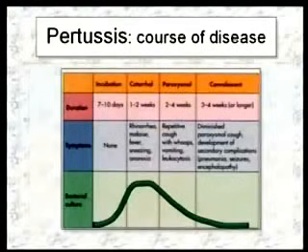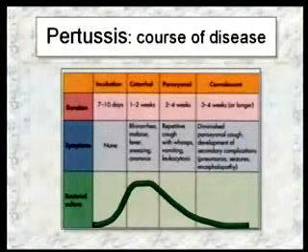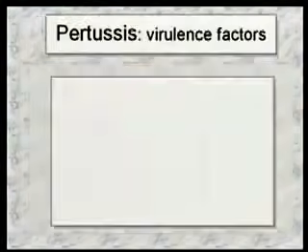The tissue is damaged, therefore the barrier is not there. There may be infections with other secondary organisms. So that can be one of the complications. It may lead to seizures or encephalopathy. So those are the symptoms of whooping cough.